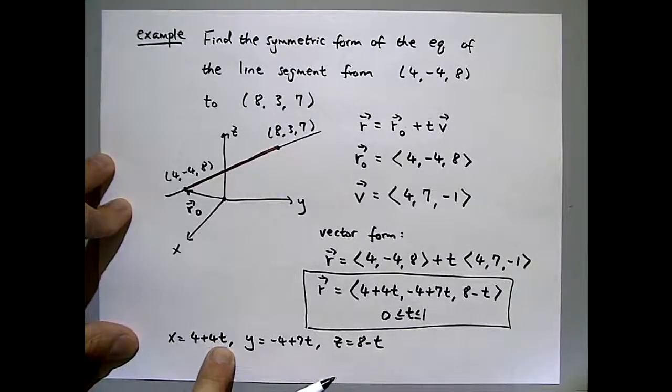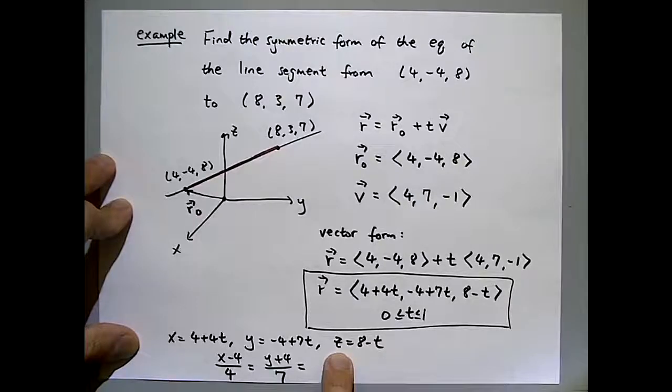So here, t is equal to (x minus 4) over 4. It's also equal to (y plus 4) over 7. And it's also equal to (z minus 8) over negative 1. So there's our symmetric form.